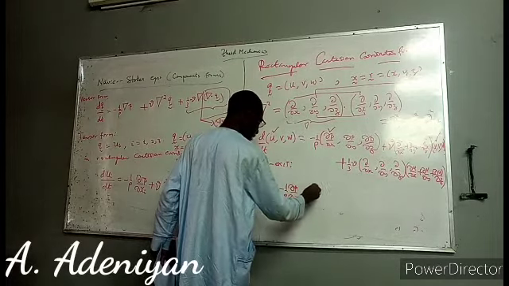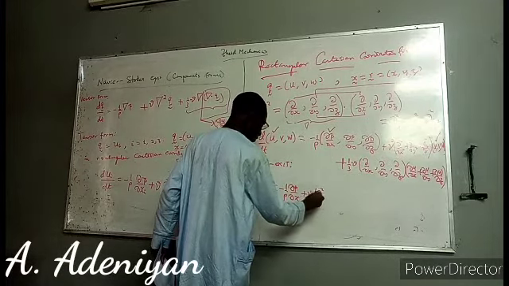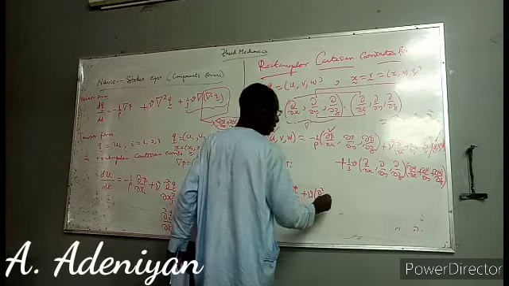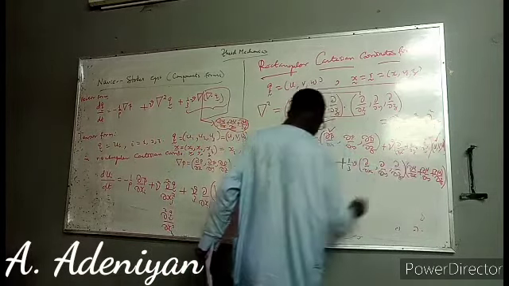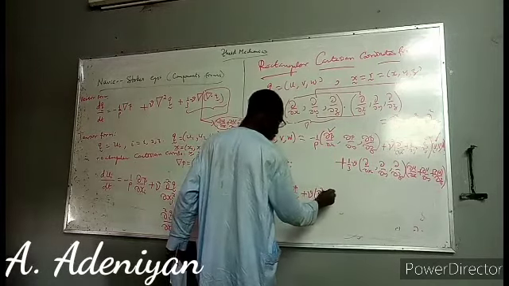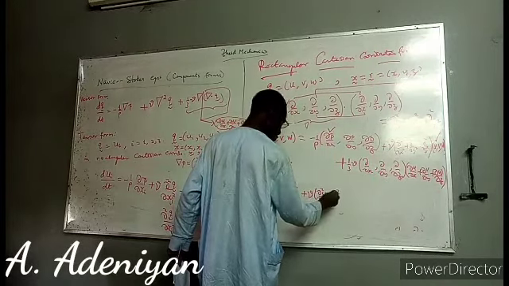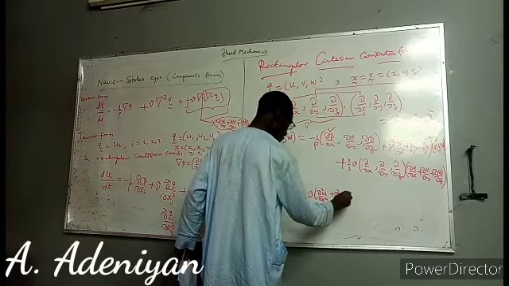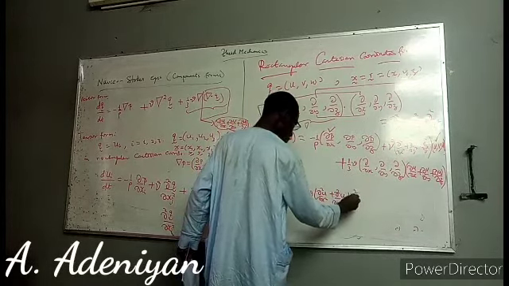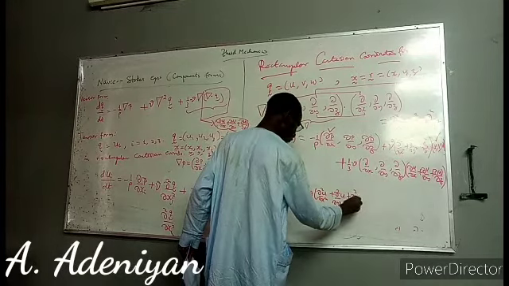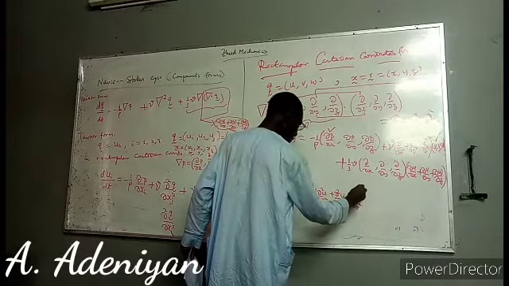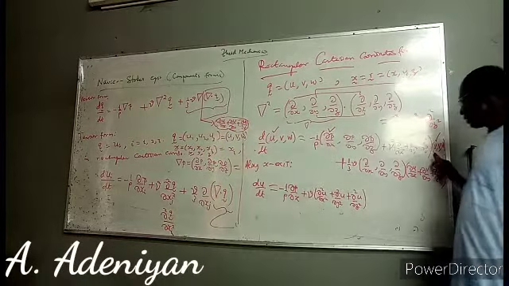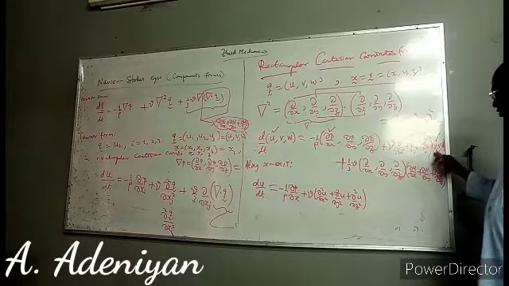That is ∂²/∂x² of u plus ∂²/∂y² of u plus ∂²/∂z² of u. Everything is in terms of u, because here I'm writing the components of x. So this is along x.